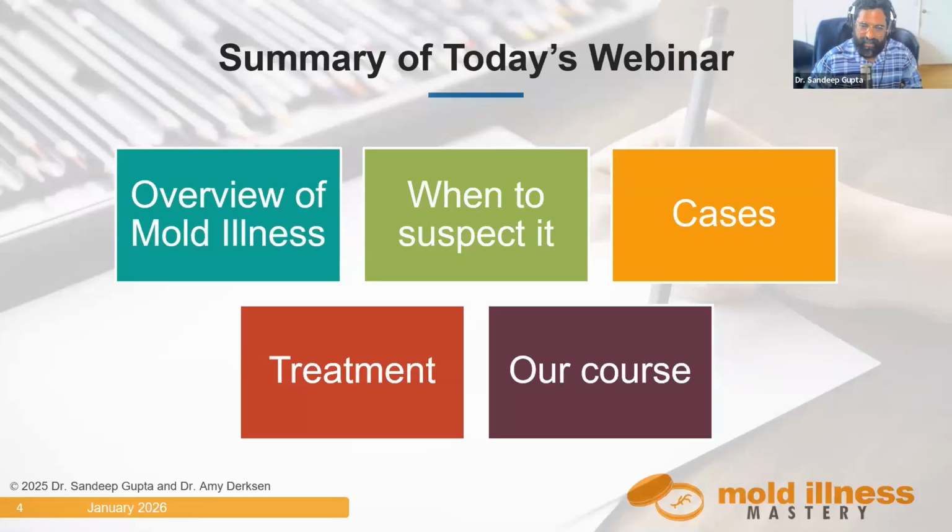That's probably a really big part of today's webinar. I just want to give you some basic patterns that make you think, oh, hang on, this might be mold. Now, it's not necessarily going to be definite straight away, but often, through careful history taking, you'll be able to confirm or deny it pretty quickly.